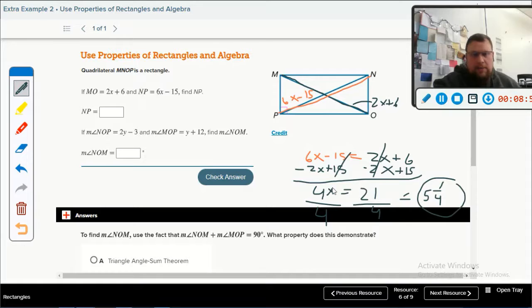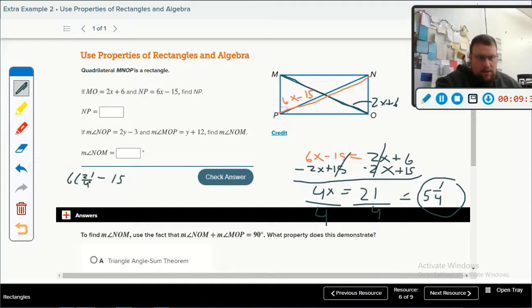So now I need to plug that in to 6x minus 15, and I'm going to be able to get the length of NP. Let's do this. I'm going to have 6 times 21 over 4, minus 15.